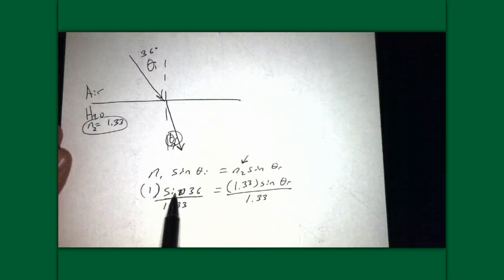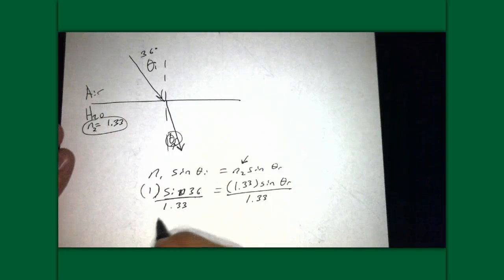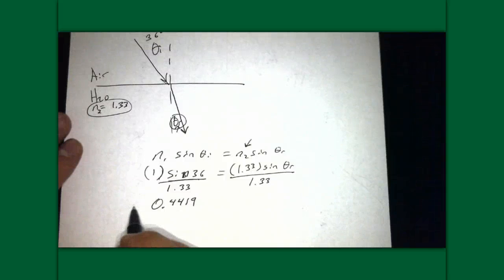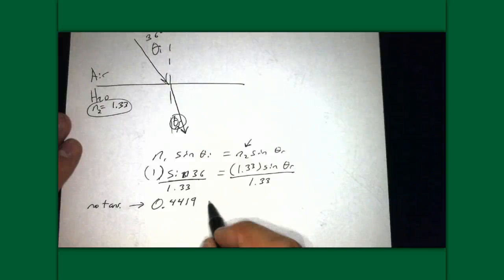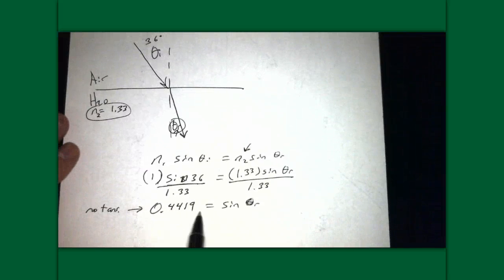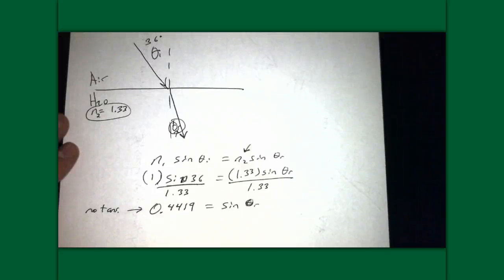If you do sine 36 in your calculator, hit enter, and then divide by 1.33, you will get 0.4419, right? Now, it's really important at this point that you realize that this is not your answer. This is the sine of the angle that we want. It's not the angle itself, right? Be careful if you get a decimal. That's probably not the angle that you want. You might want to make a note of this to yourself.